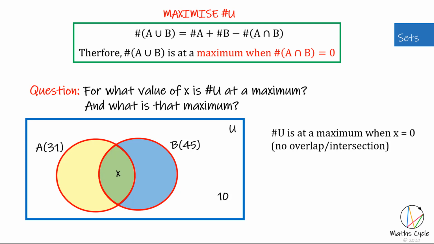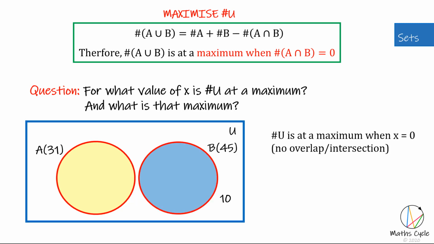And then what that means is that the total number of elements, if x equals 0, will be all of the elements in A and all of the elements in B. You can see by them not overlapping, you get the most from both sets. So the most amount of elements that you can have will be the 31 plus the 45 plus the 10 on the outside equals 86.